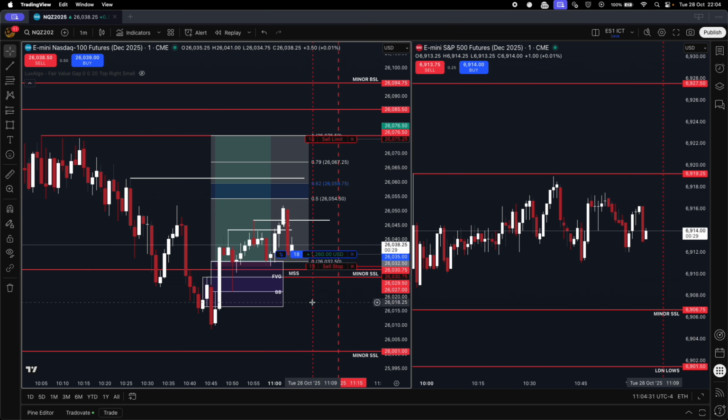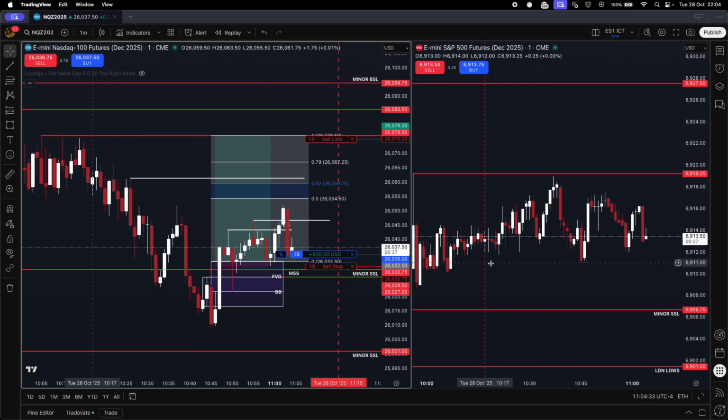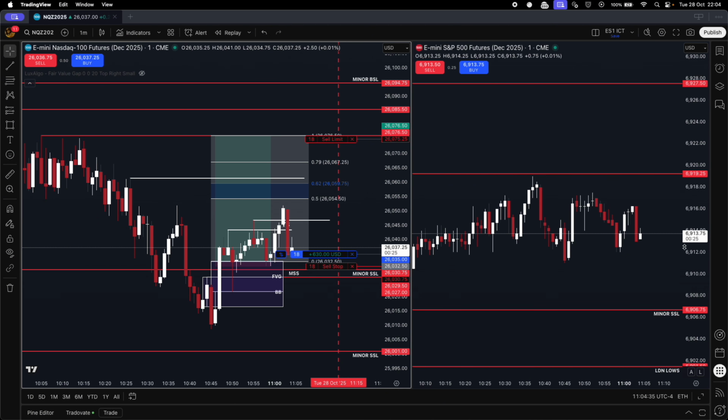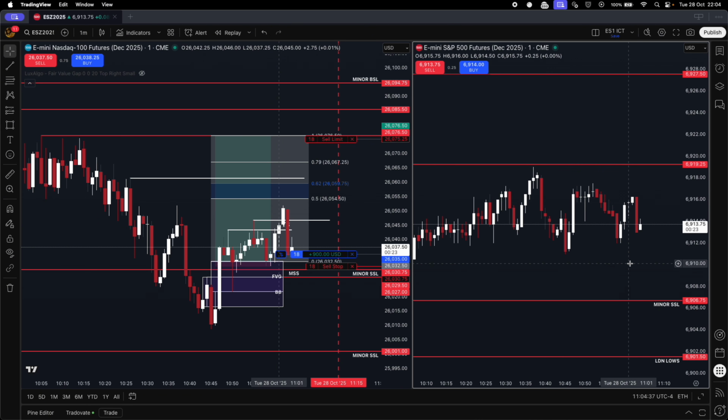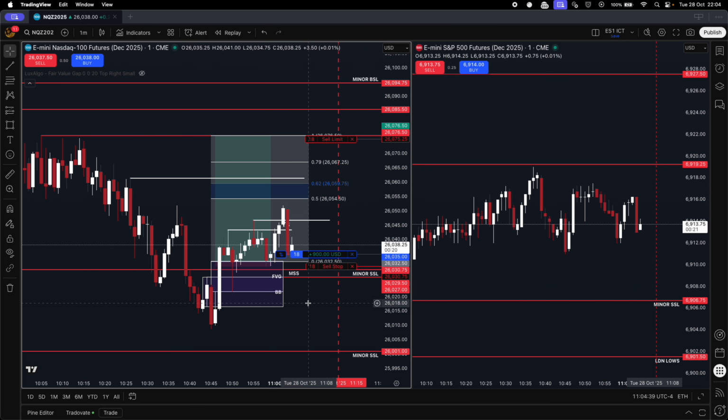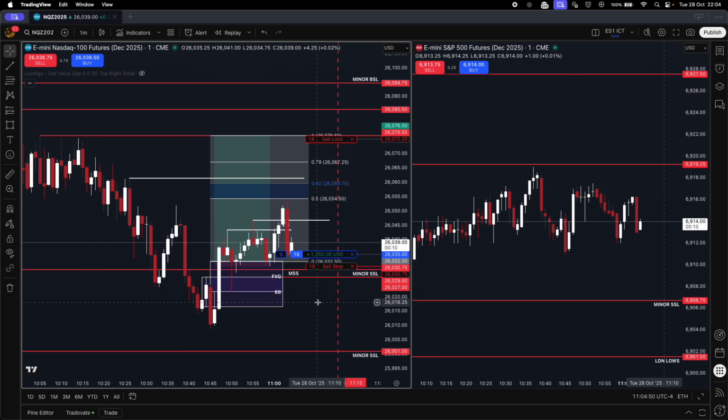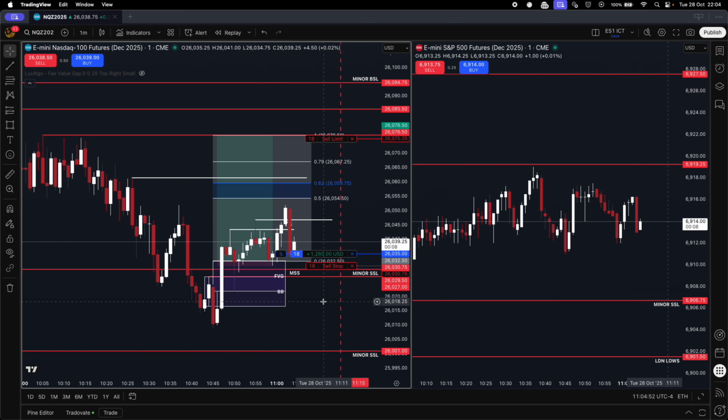You can see ES is very much unalgorithmic. ES price action today is really all over the place, and our risk is minimized to the point where I'm only risking 4.25 handles on this trade, so a few thousand.